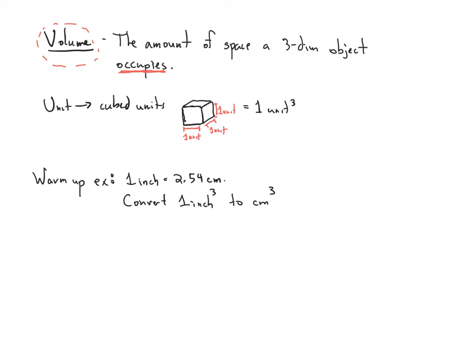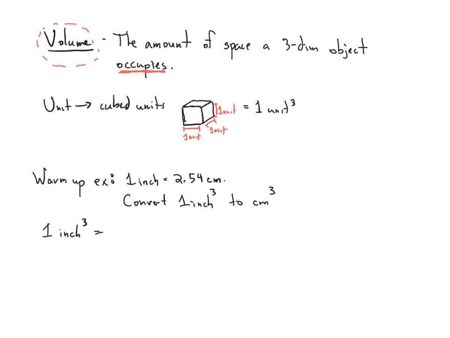Okay, now that we're back, so we have 1 inch cubed. So remember, this is like 1 inch by inch by inch. So there's 3 inches we're thinking about, 1 for each dimension. So we need to convert each of the dimensions to centimeters cubed.